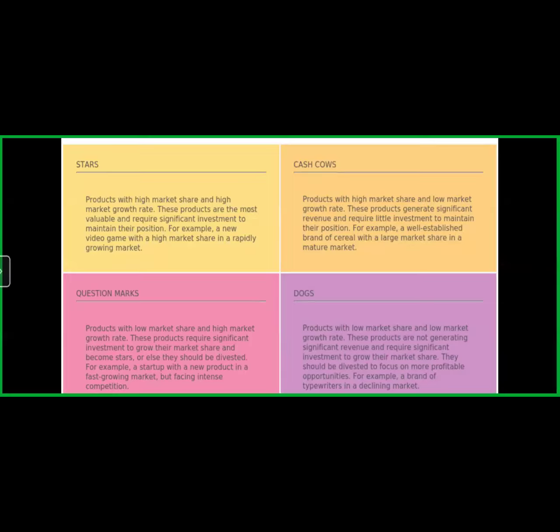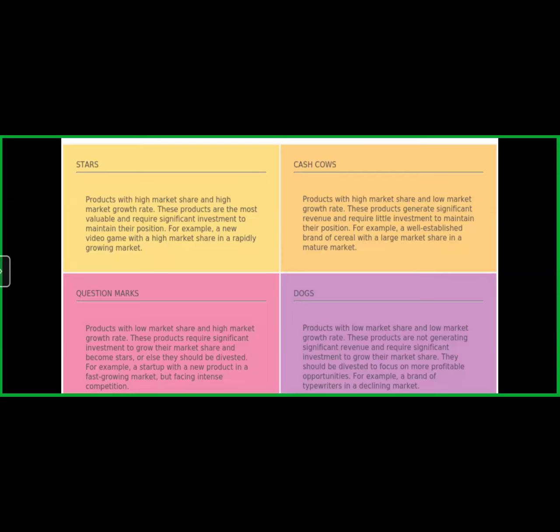Now, for a star product, first, these are the two parameters we need to understand for keeping a company's product in this particular category. Second, these products are most valuable and require significant investment to maintain their position.